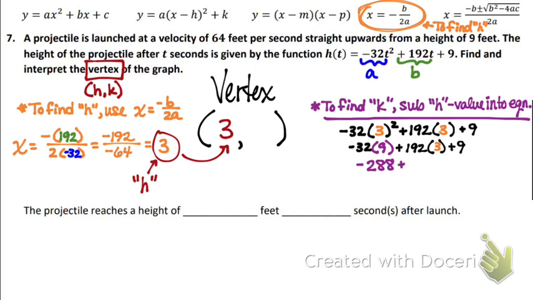What is 192 times 3? 576 plus 9. So now I just need to combine those things together on my calculator. $297. This is our k value.